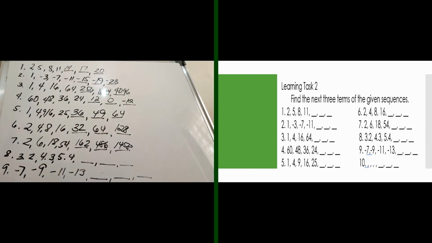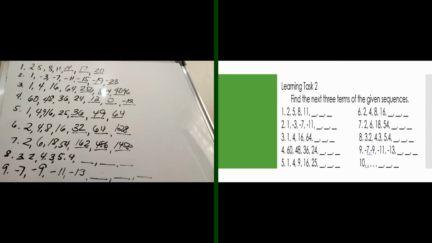1,458. And then we're going to have number 8: 3.2, 4.3, 5.4. Then, if you have seen, increasing, adding, or multiplying, we have just a minimal difference. So this is just addition. 4.3 minus 3.2 is 1.1. 5.4 minus 4.3 is 1.1 as well.